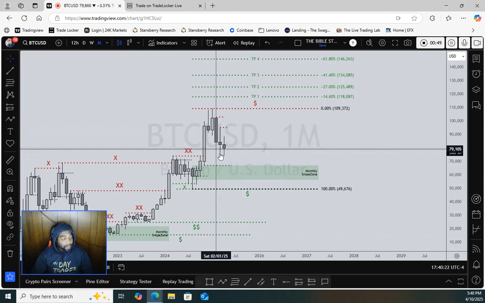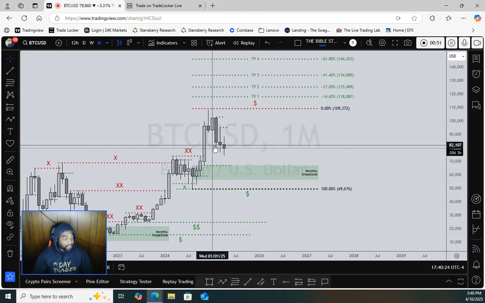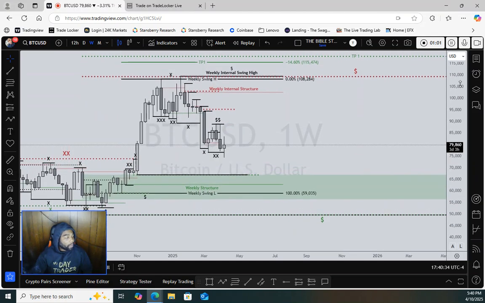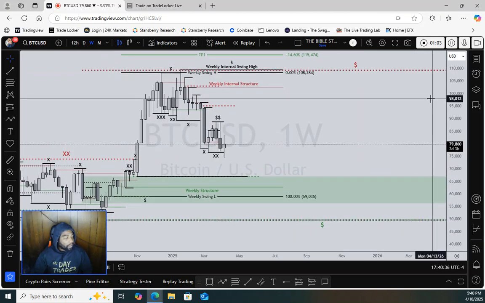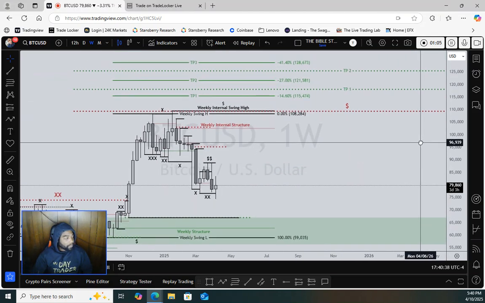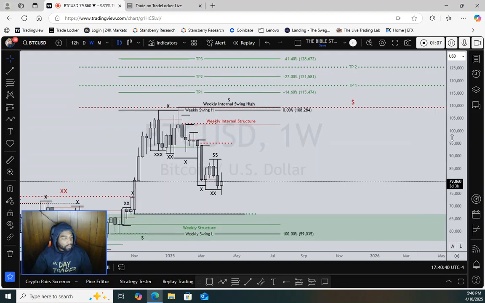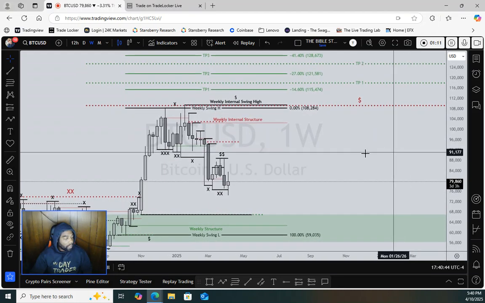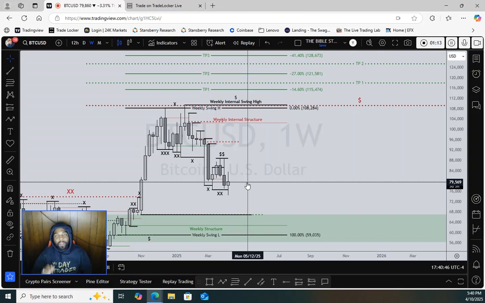Now, to determine what price is doing in this price action, scale in, baby. Now, once on the weekly time frame, most recent swing. You know what I mean? Going straight to the most recent swing to analyze what price is doing right now.